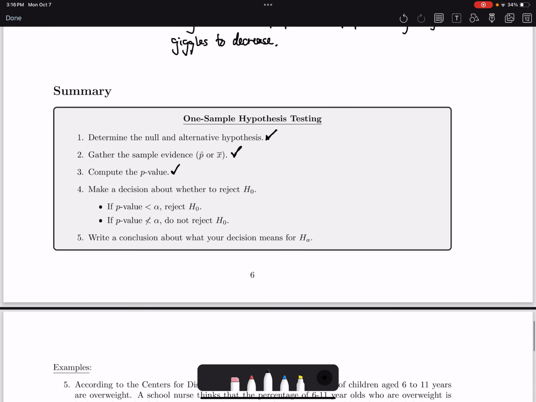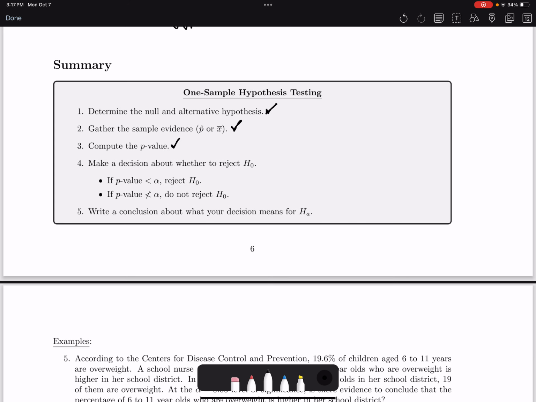Once we have our p-value, we can use it to make a decision about whether to reject the null hypothesis. If the p-value is less than alpha, we reject. If the p-value is not less than alpha, we do not reject. And then finally, we write a conclusion about what our decision means for the alternative hypothesis. If we reject the null, then there's evidence to support the alternative. If we do not reject the null, then there's not sufficient evidence to support the alternative.